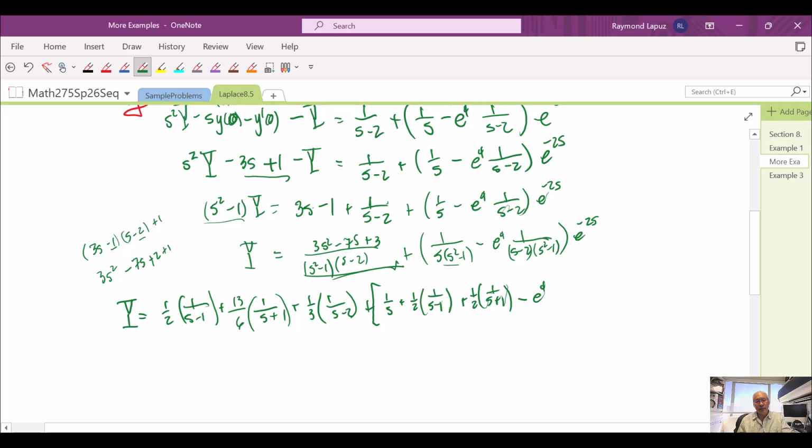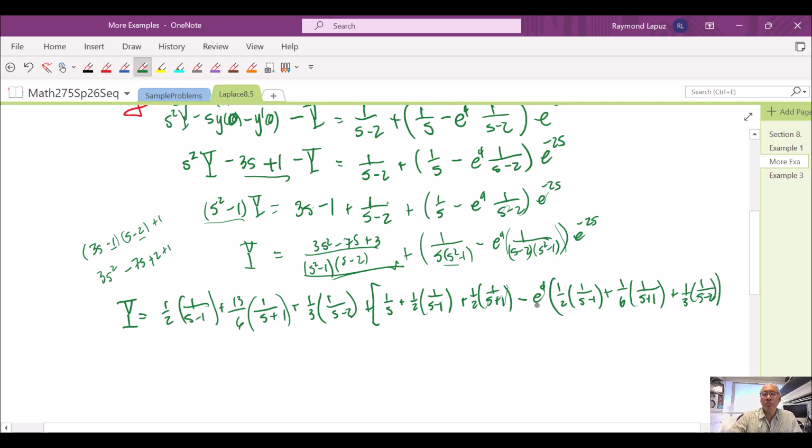I'll just leave it out as constant. And then this thing here will transform into 1/2 times 1 over s minus 1 plus 1/6 times 1 over s plus 1 plus 1/3 times 1 over s minus 2.